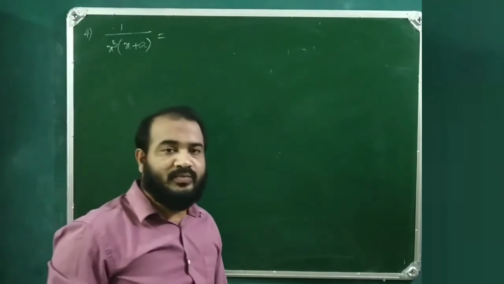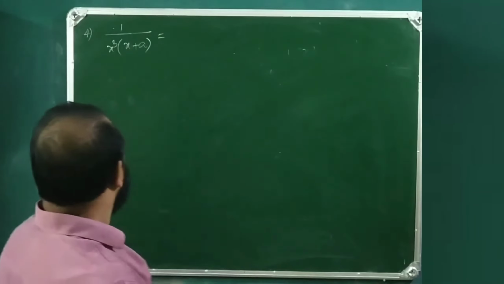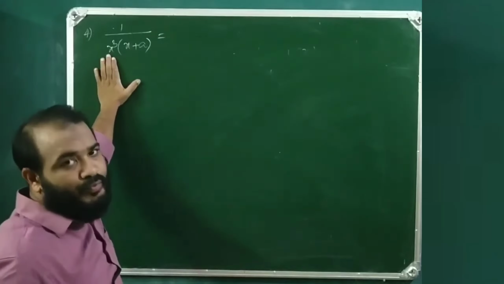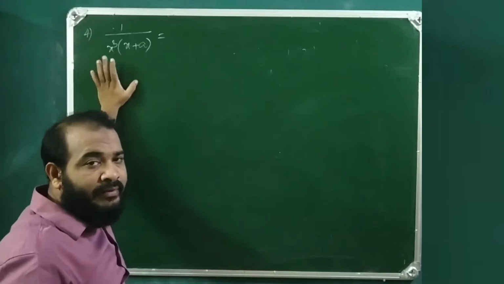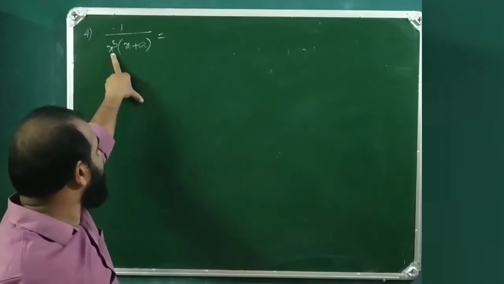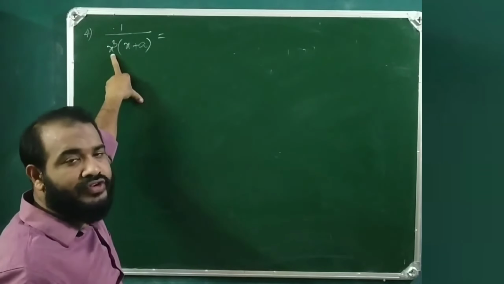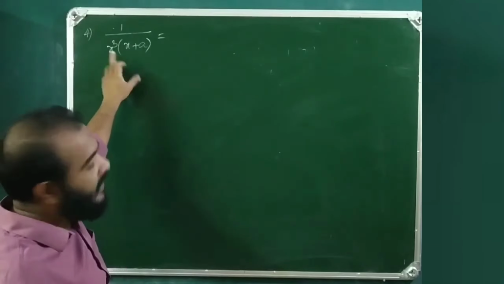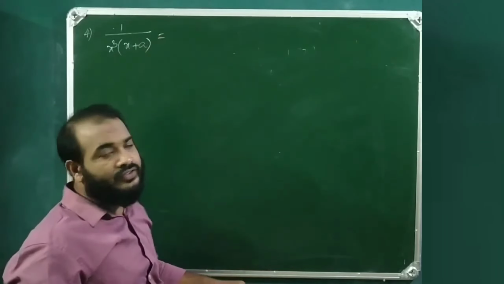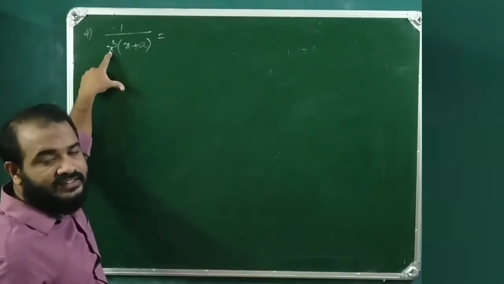Now the next one: 1 by x cube into (x plus a). So x cube is a cubic polynomial, but x cube can be reduced further, reduced in the sense of factorized. Okay, x cube is x into x into x. So x is repeated thrice.